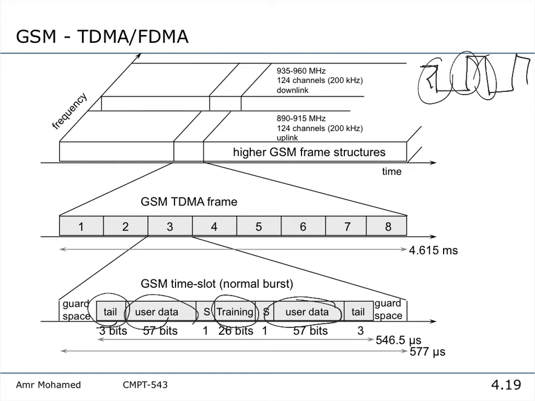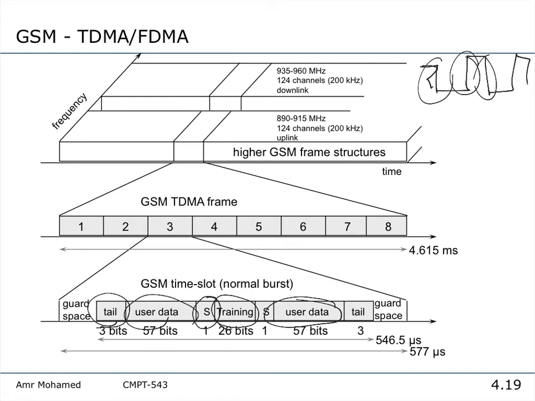These user data parts, you have them separate because any one of them can indicate either actual user data or control information, which is indicated by this signal indicator.